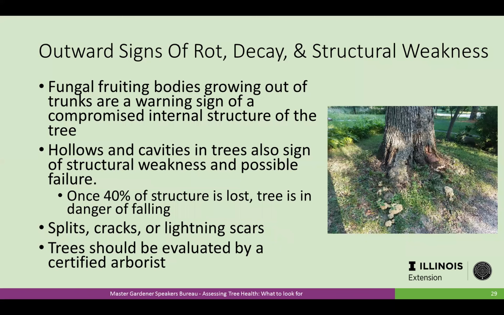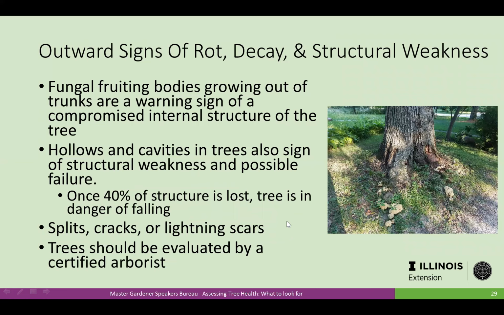So if you see a hollow tree or a cavity in a tree like this with a lot of mushrooms and things around it, that can be a sign that you may have a problem with that tree. I'm not saying that you definitely do, but you just need to be aware that once 40% of a structure is lost, a tree is in danger of falling.